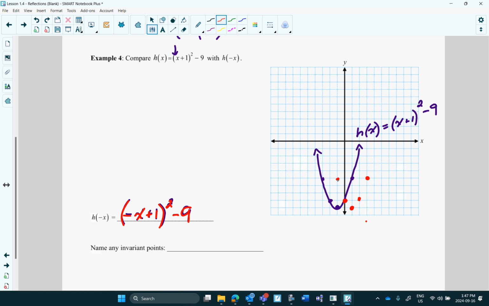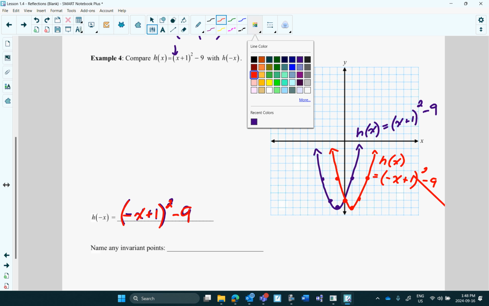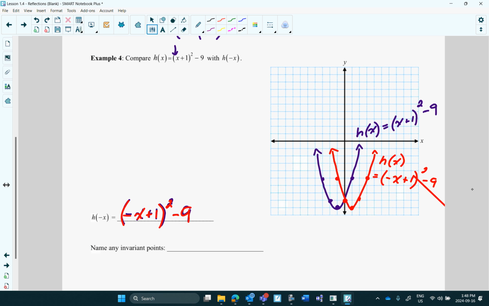This one goes back over here. So this is the flip horizontally. So this is h of x equals (negative x plus 1) all squared minus 9. Any invariant points? 0, negative.